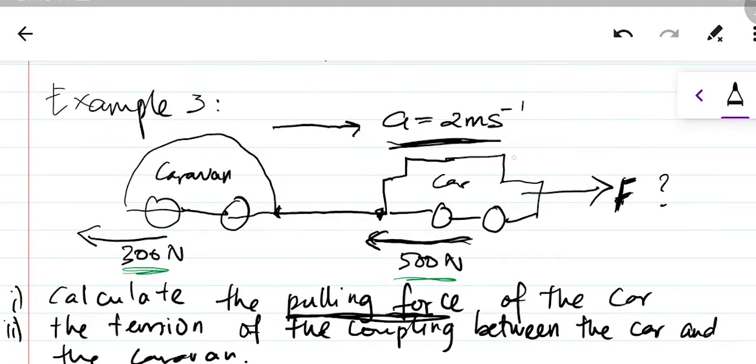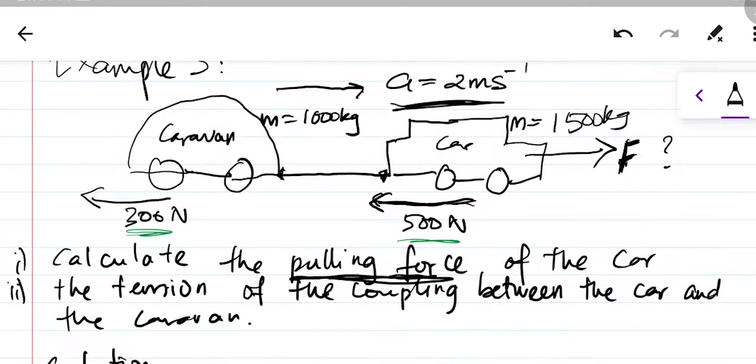The mass of the car is 1500 kg, and the mass of the caravan is 1000 kg.